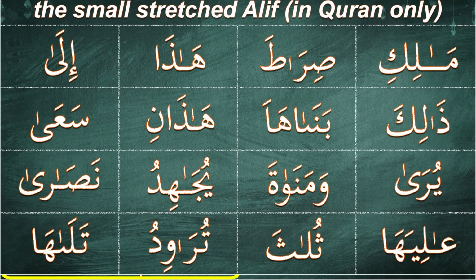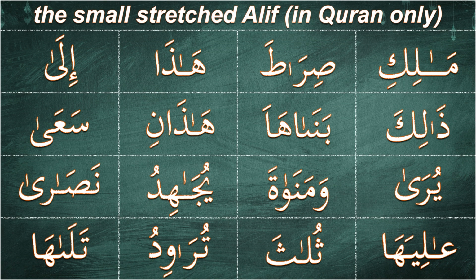Next page. In this page, we will learn something called the small stretched alif. This alif is only written in Quran. The only difference between the normal alif and the small stretched alif is the shape, but the duration is the same.